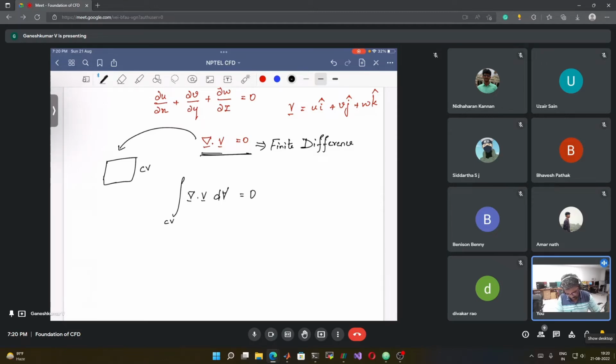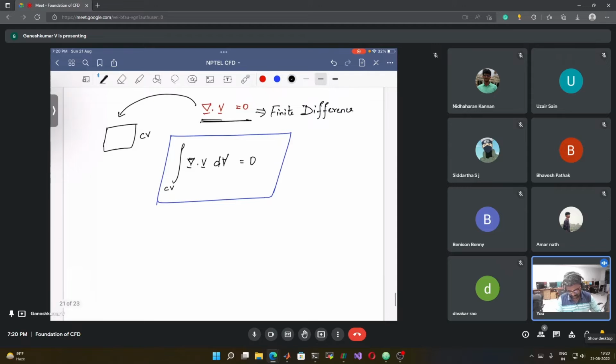If you do this integration over a control volume, can you guess what happens after this? You are just integrating the differential equation over any arbitrary control volume. Can you come up with any mathematical theorem to simplify this, or is something striking in your mind?